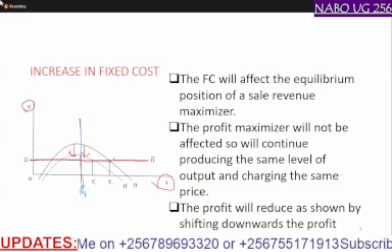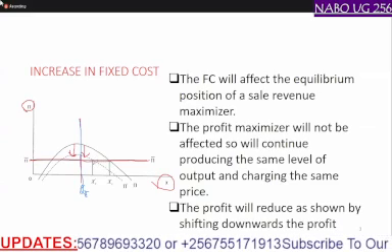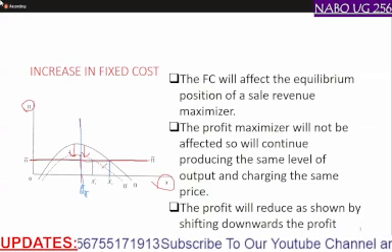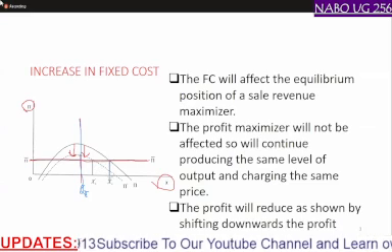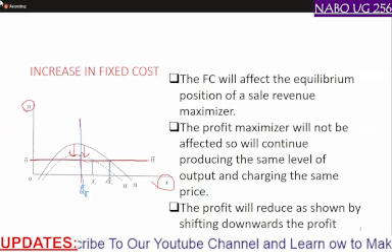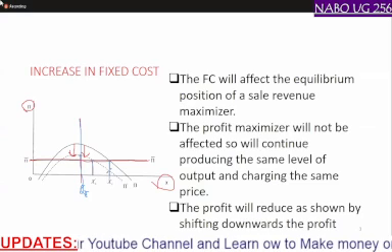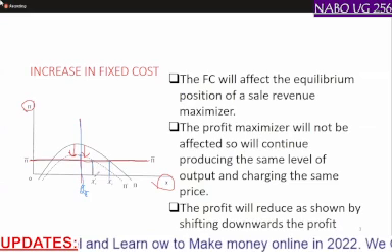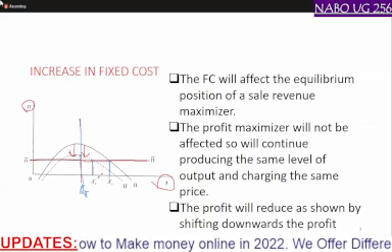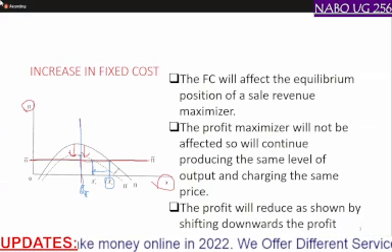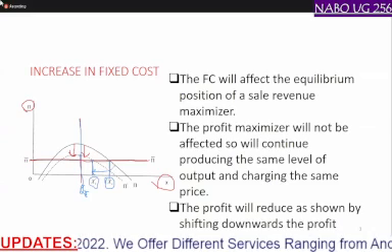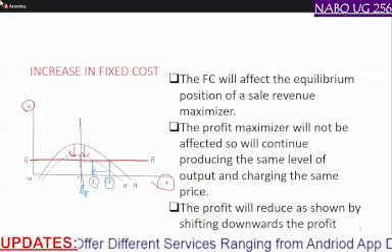But a sales revenue maximizer with the operative profit constraint is forced to reduce output level from XS to XS prime. So basically, the profit maximizer won't be affected in terms of the equilibrium position.